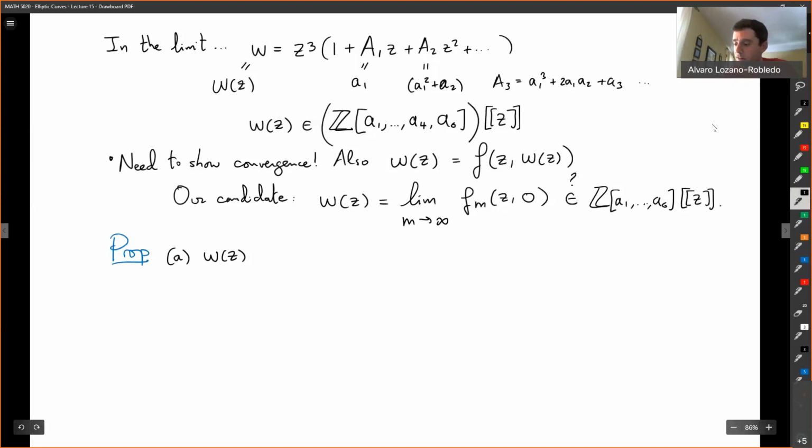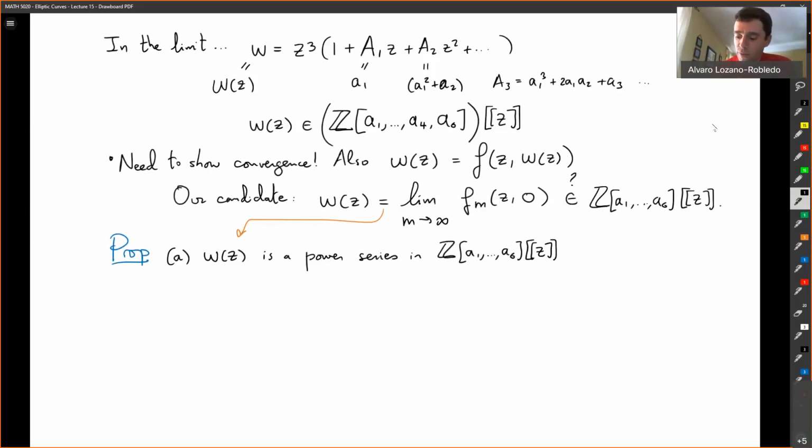So this W, thus defined, is a power series with coefficients in the ring generated by the coefficients A1 through A6.